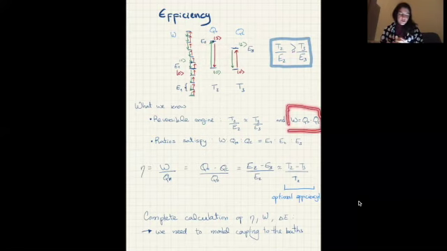But in this case, all the energy that goes into the battery is going to be the energy that left the hot qubit minus the energy that went into the cold qubit, right? So it's going to be the heat flow from the hot minus the heat flow into the cold. That's what W is, just like in the classical case.